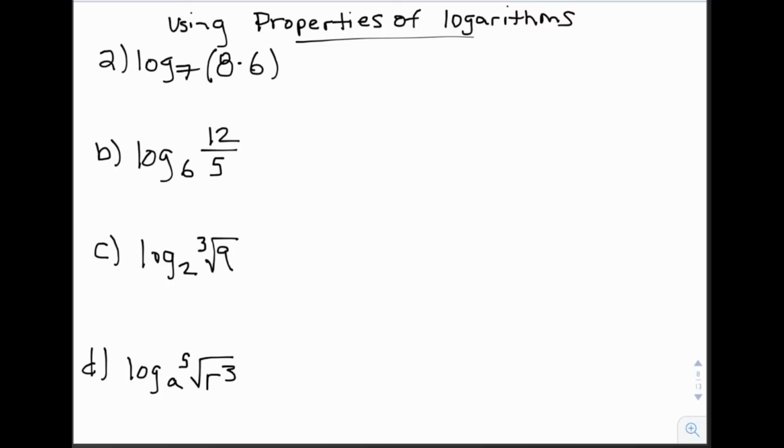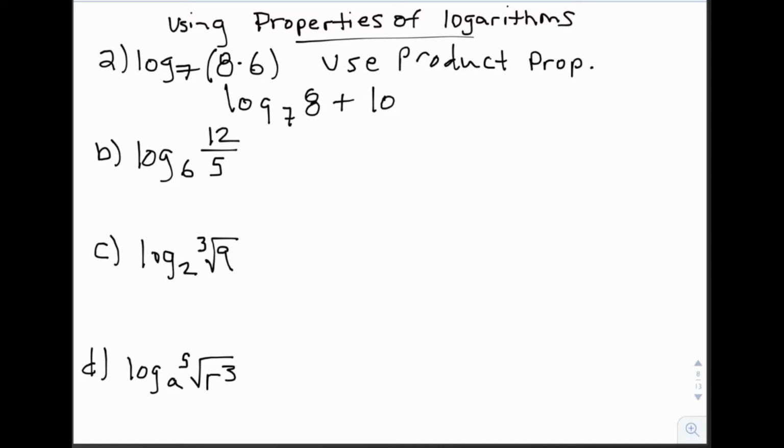So we want to go ahead and use product property for this one. So we can go ahead and rewrite log base 7, and then we can have an 8. And using our product property, we know that we'll have a plus in between. So log base, and again, keeping the same base of 7, and then we have a 6.